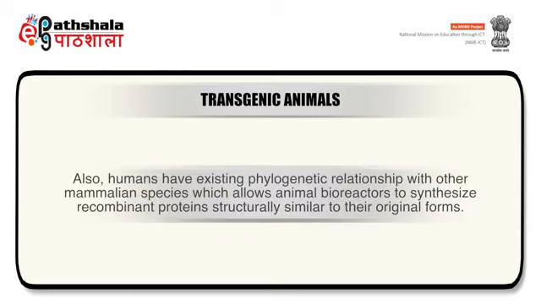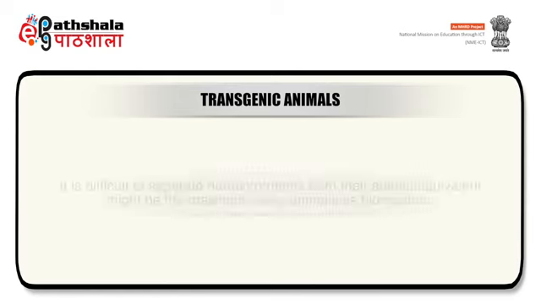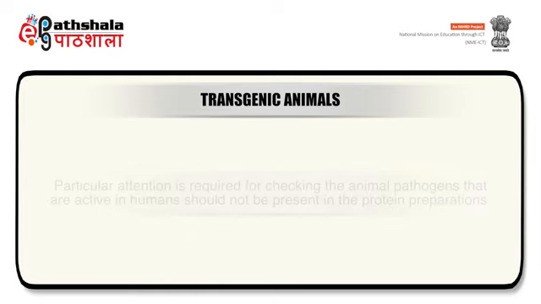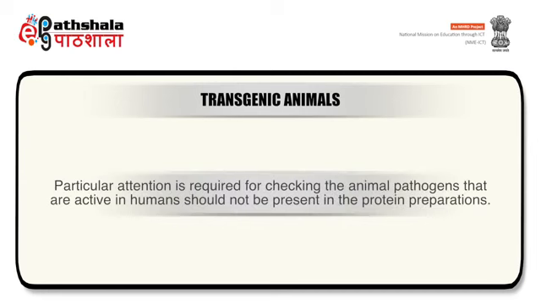Also, humans have an existing phylogenetic relationship with other mammalian species, which allows animal bioreactors to synthesize recombinant proteins structurally similar to their original forms. It is difficult to separate human proteins from their animal equivalent, which might be the drawback of using animals as bioreactors. Particular attention is required to check that animal pathogens that are active in humans are not present in the protein preparations.